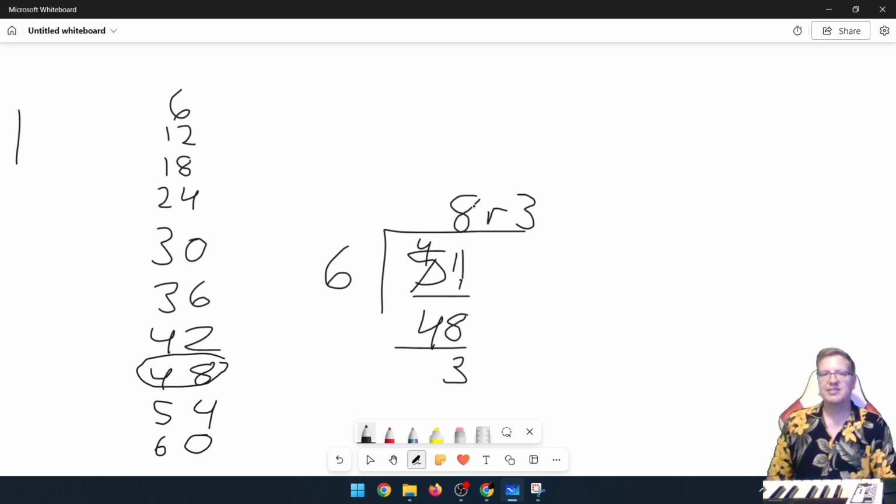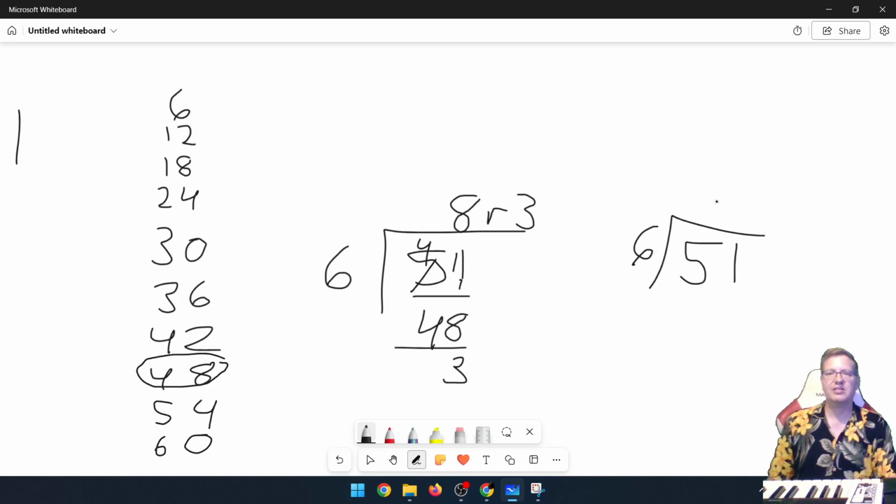When we get to the last digit of our dividend, whatever we have left over becomes either a remainder, in this case, the remainder of 3, or it becomes part of a fraction. So let's rewrite this out to the side so we can take another look. Once we do this, we are going to end up with 3 left over.